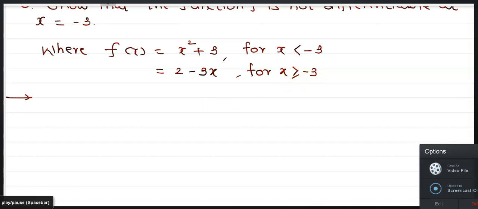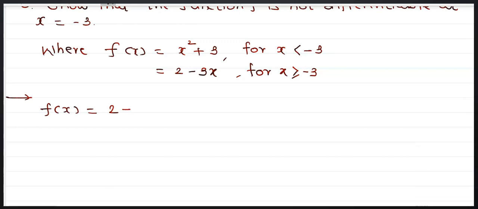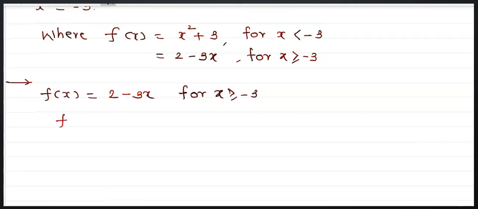The given function is not continuous. Now see this here. f of x is equals to 2 minus 3x for x greater than or equal to minus 3. Now we'll find out the value of f of minus 3.